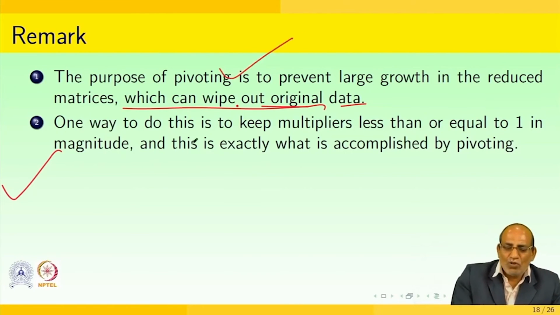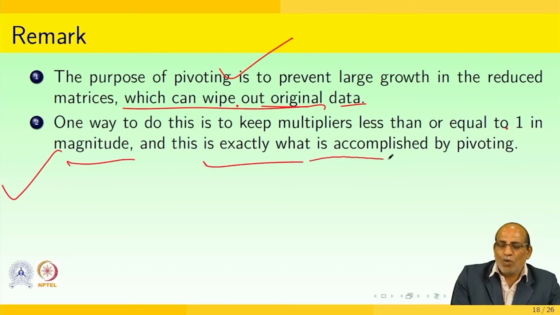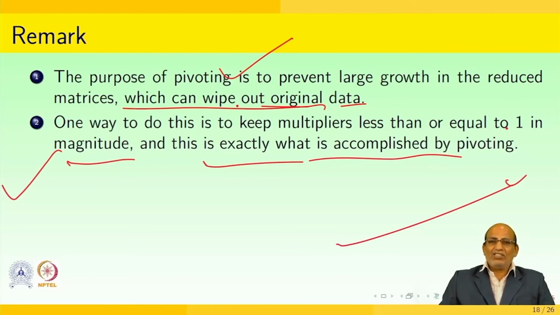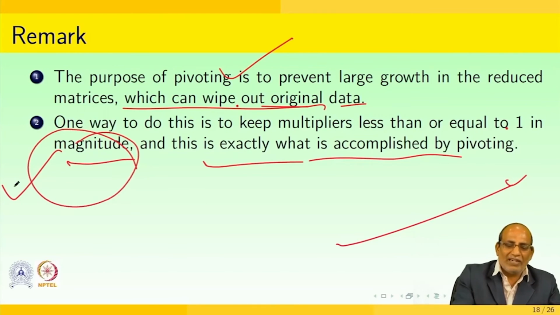One way to do this is to keep multipliers less than or equal to 1 in magnitude, and this is exactly what is accomplished by pivoting. So in magnitude, we will keep it close to 1.